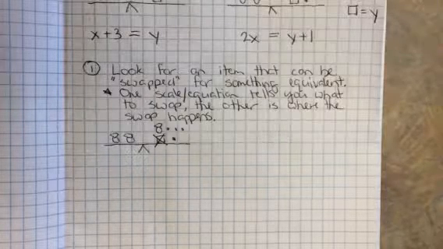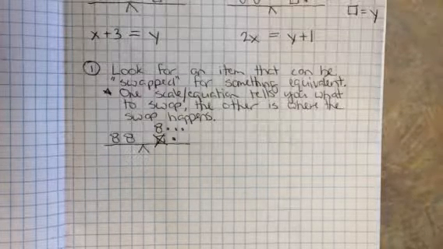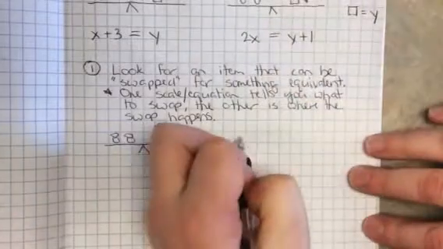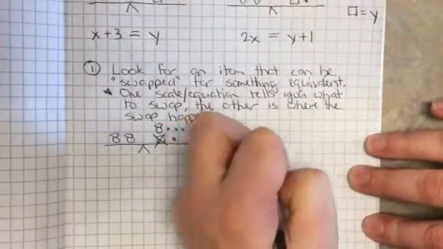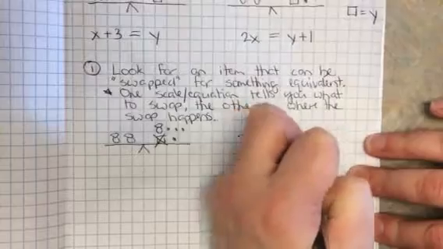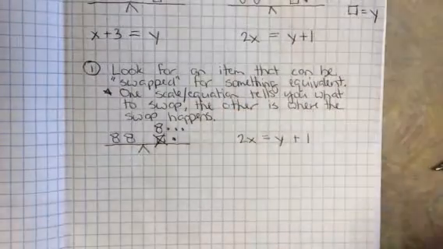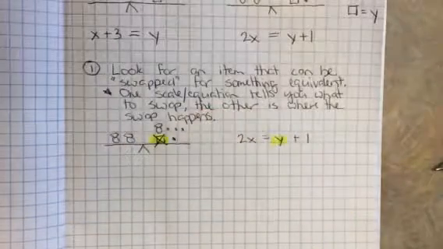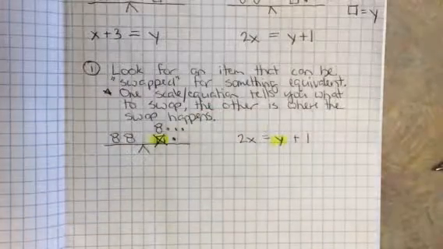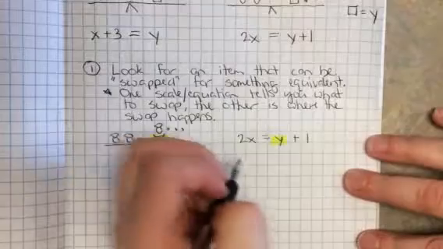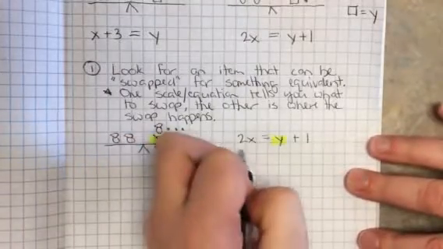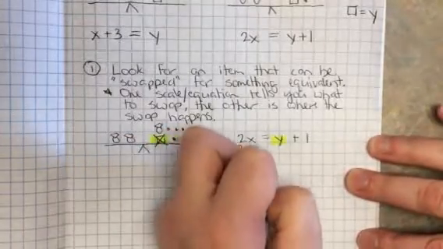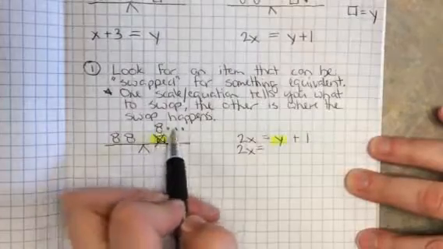Let's think about what happens with the equations, though. Here's what the equation originally was, right? I took this box and I swapped it out. The box is the y, right? And what I swapped it out with was a bag and 3 coins.